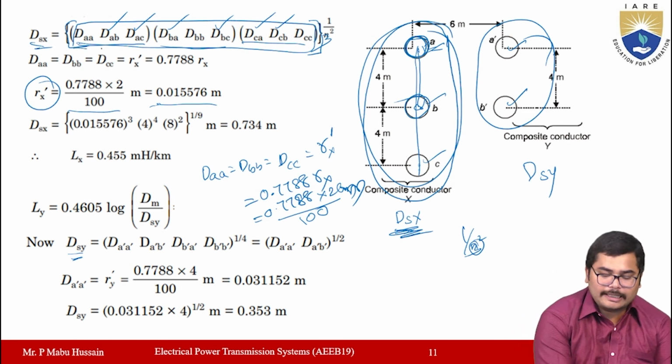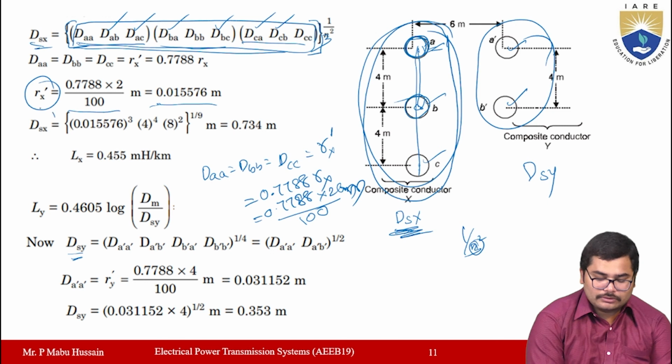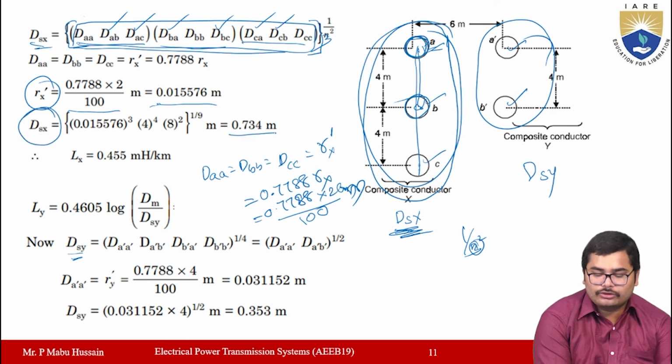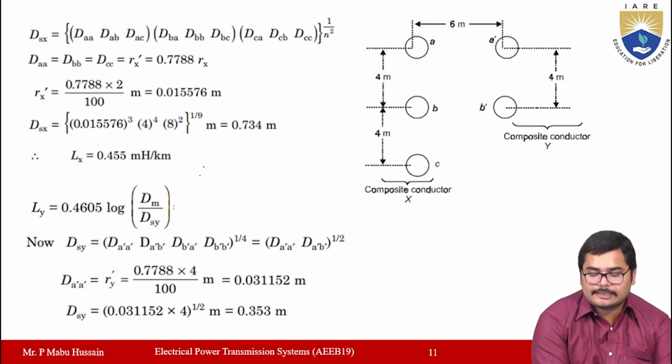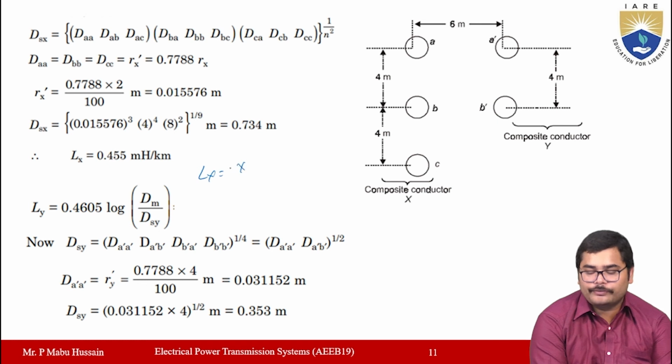Okay, so the Lx value, how can you determine? That Lx value is equal to 2 into 10 power minus 4 ln Dm by Dsx, which is in henries per kilometer.